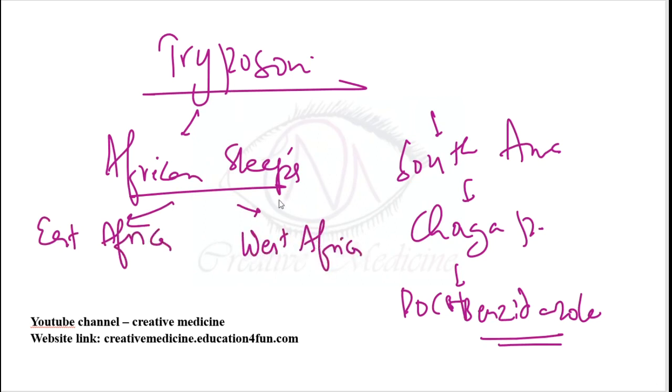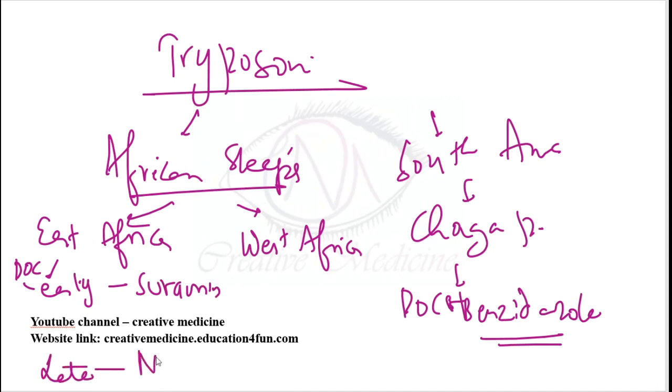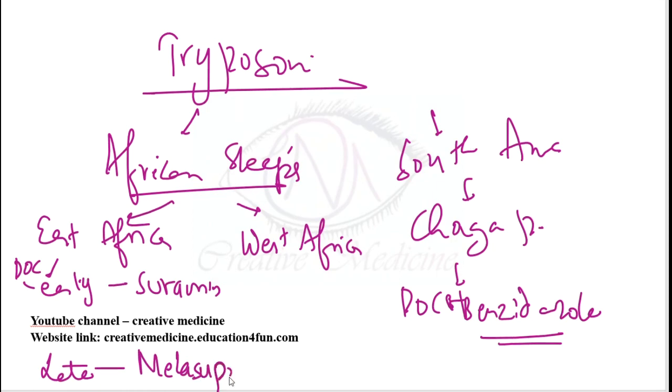For East African sleeping sickness, if it is early, the drug of choice is suramin. If it is late, it is melarsoprol.